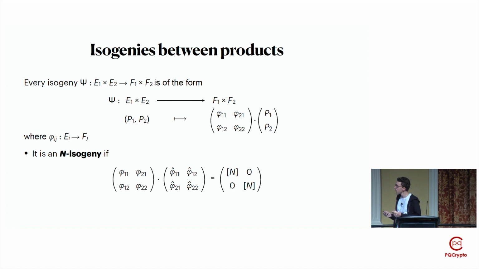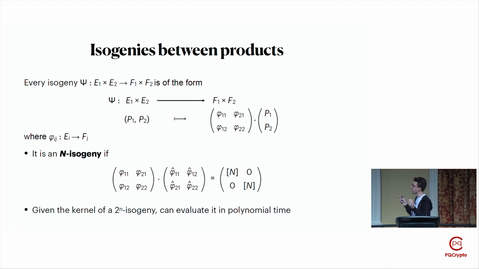N is an integer, and an isogeny like that is called an n isogeny if when you take its matrix and multiply it by what I'm going to call its conjugate transpose, then you get the scalar matrix of multiplication by n. I'm calling it the conjugate transpose because I've exchanged the terms of the antidiagonal, and I've dualized everything. If the dual corresponds to the conjugate, this is what you'd get. So the matrix times its conjugate transpose is scalar multiplication by n. If you have that, you call that an n isogeny.